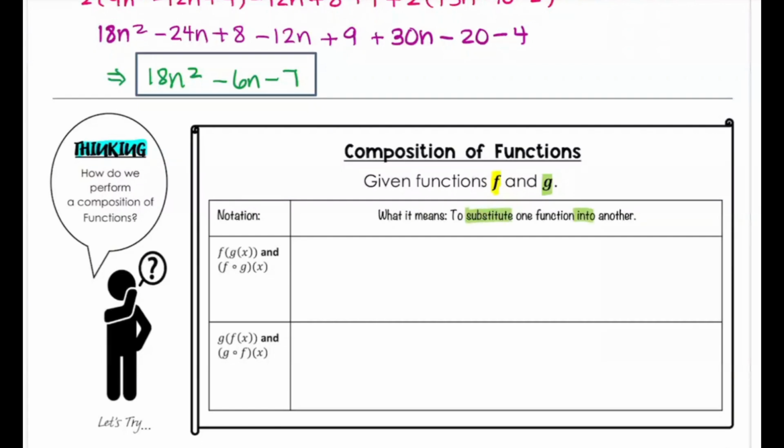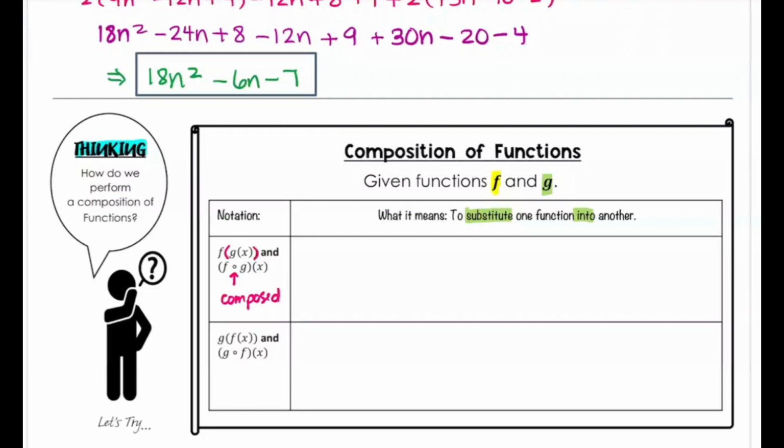The notation that we are going to be working with, we have f, parentheses, and our inner function of g of x. This is read as f composed of g of x. We could have our notation as f, a little open circle, which means composition or composed of g of x.